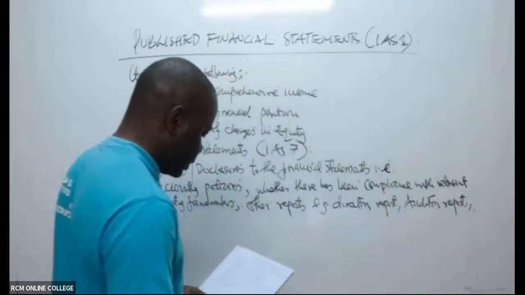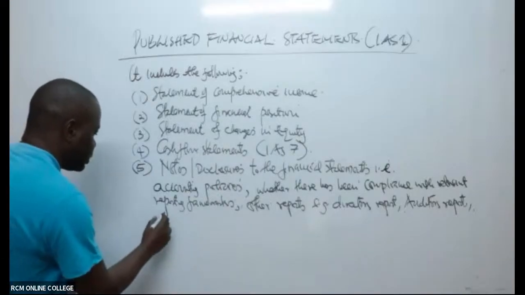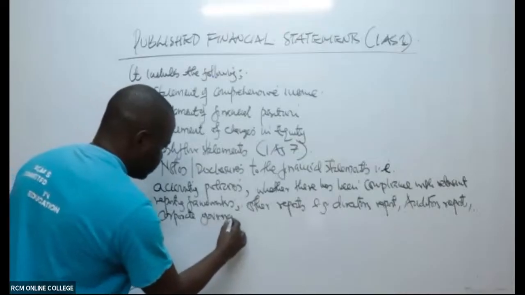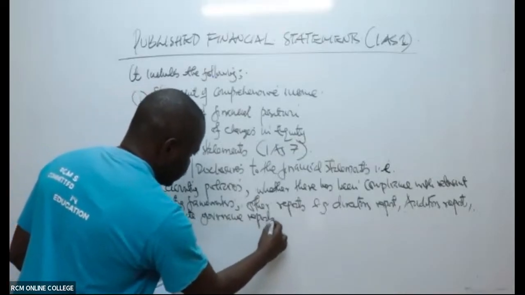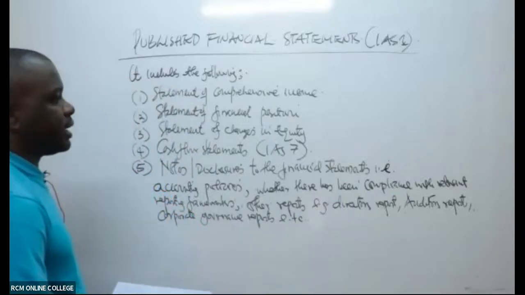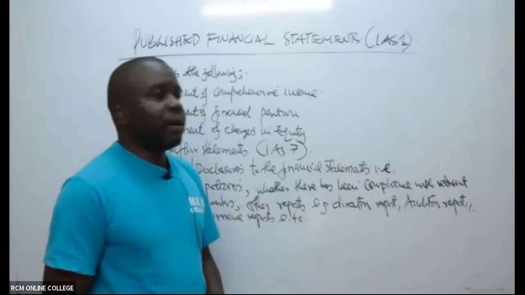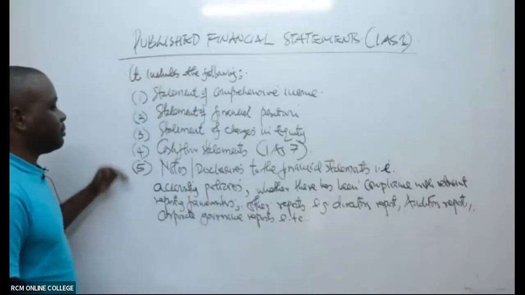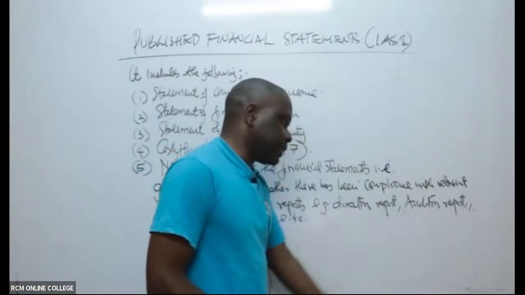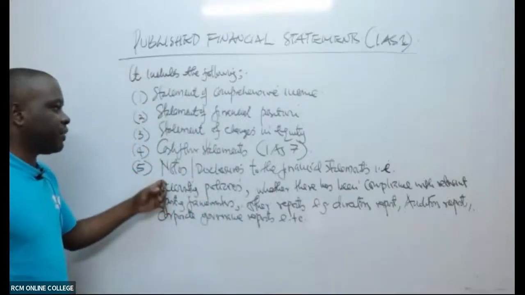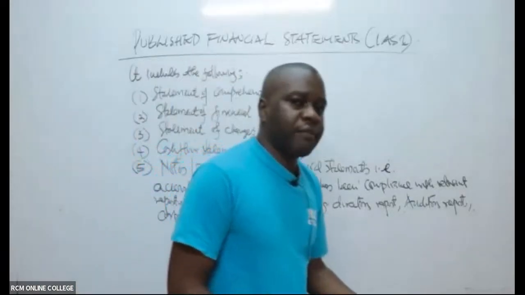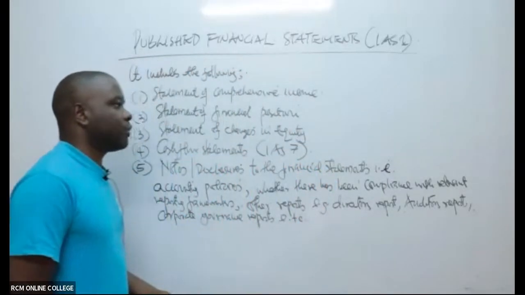You can include corporate governance reports, etc. There could be any other reports that you feel are necessary for a better understanding of these financial statements. For example, the auditor's report will indicate whether the financial statements have been fairly presented and represent a true and fair view about the affairs of the company.